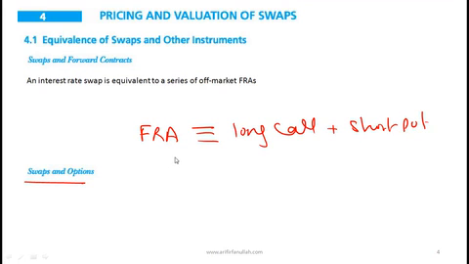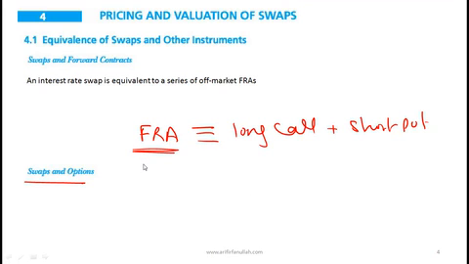So a forward rate agreement is equivalent to a long call. This is a long call on what? This is taking a long position on an interest rate, going long on an interest rate, plus going short on a put option. So I'll just refresh your memory on this.